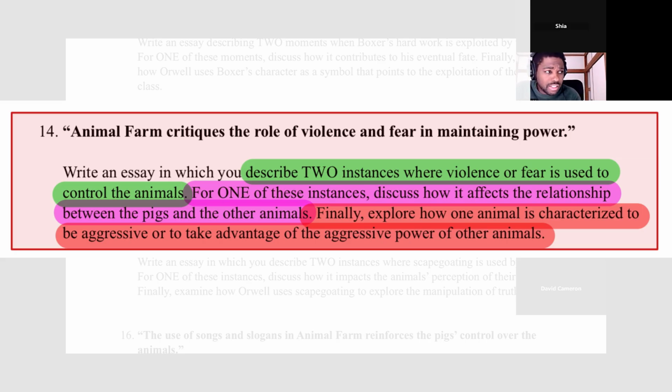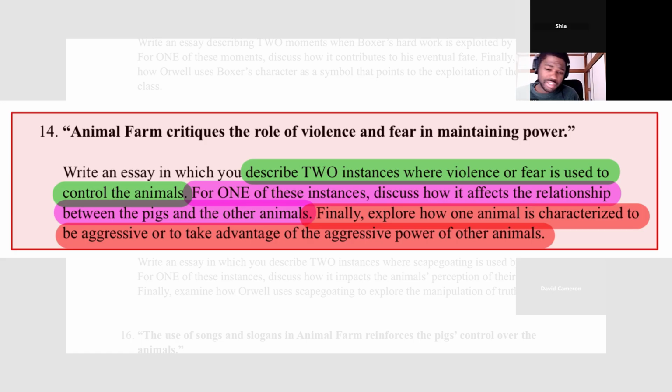Let me share mine. For the 2 instances, I have the expulsion of Snowball as well as the forced confessions and murders of those animals who were said to have helped Snowball. And the second part, how it affects the relationship between the pigs and the other animals: the fear and intimidation cause the other animals to dread opposing the pigs.